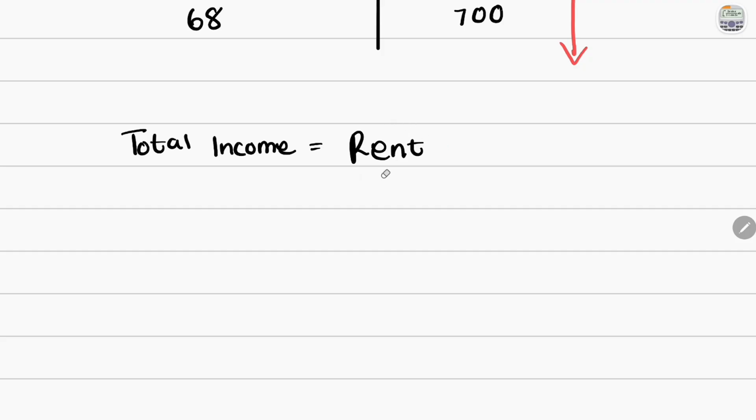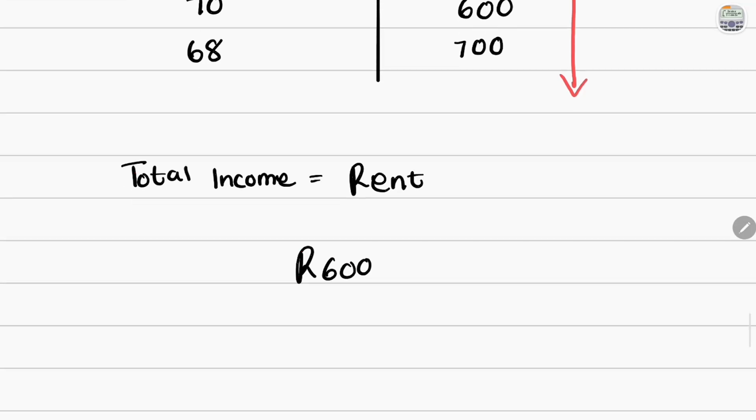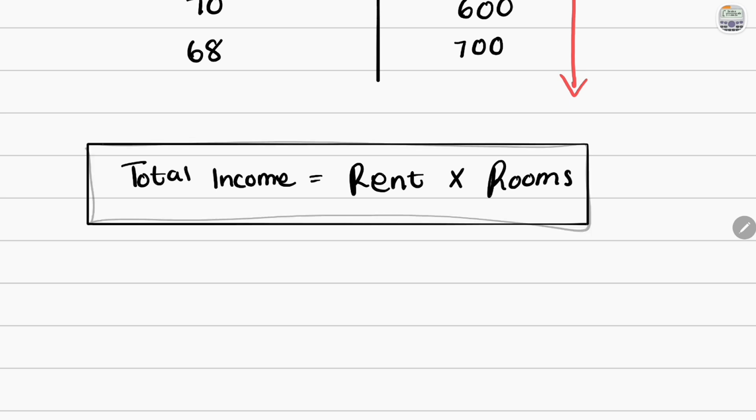So if you find out the total rent, for example, let's say the rent was 600 Rand, but there were exactly 70 rooms, then it means that this hotel made how much? 600 multiplied by 70, right? We would have to take that rent and multiply it by the rooms that have been rented out. And so this would be what we need to aim for. We need to calculate the total income.